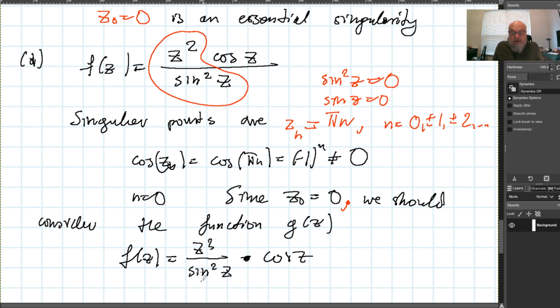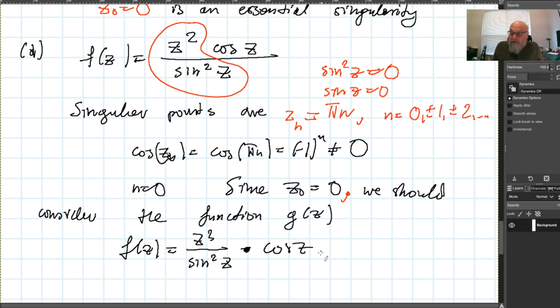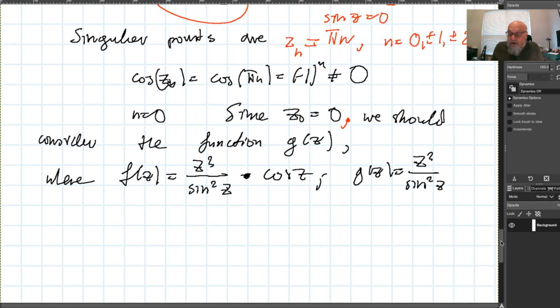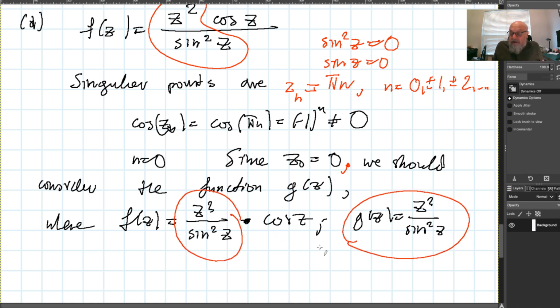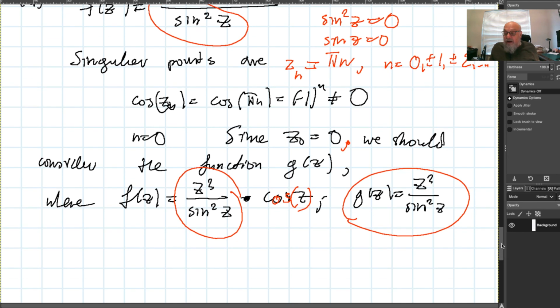So I just call that function g of z. The singularity of f of z sits here. I know cosine is non-zero around none of those singularities, so it doesn't count. The cosine is not playing any role in determining the type of the singularities. The only important information is contained in the function g of z, and this can be done easily.